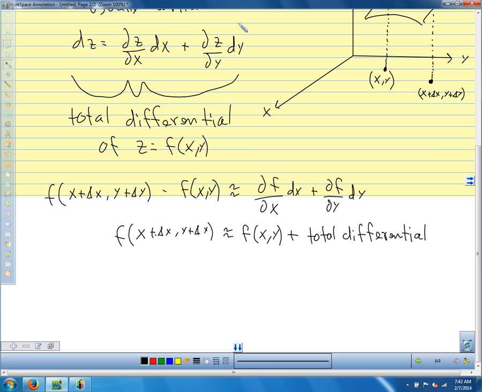Any questions about the concept of the total differential? Okay, what I want to do is a couple of examples of how we use the total differential as an approximation and with error calculations. Then I want to bring the total differential into the idea we talked about at the end of class yesterday about differentiability.